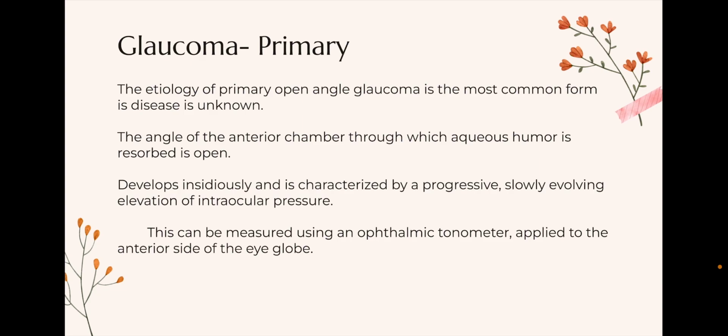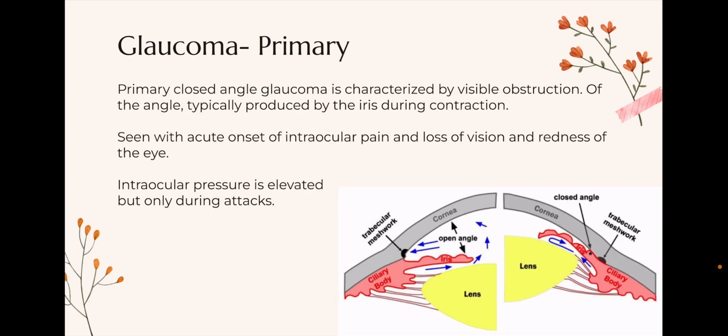It develops by itself and is characterized by the progressive, slowly evolving elevation of intraocular pressure. This can be measured, so eye pressure is measured with the ophthalmotonometer applied to the anterior or the front side of the eye.